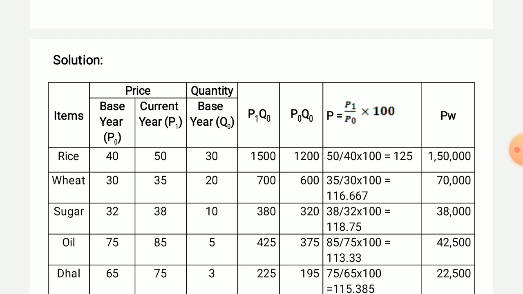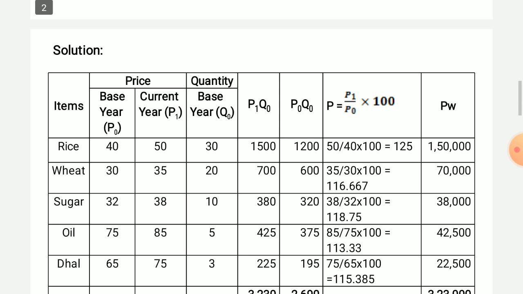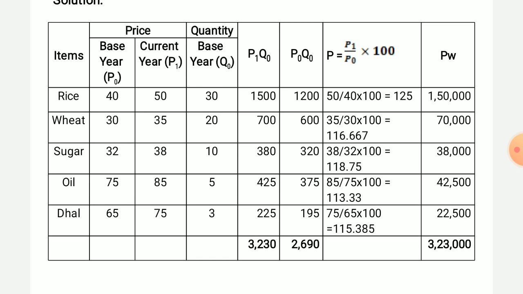P1 Q0, current year price and base year quantity: 50 into 30 is 1500, 35 into 20 is 700, 38 into 10 is 380, 85 into 5 is 425, 75 into 3 is 225.